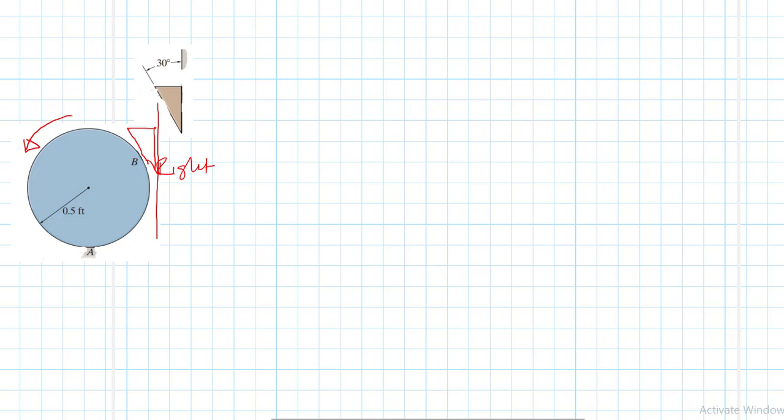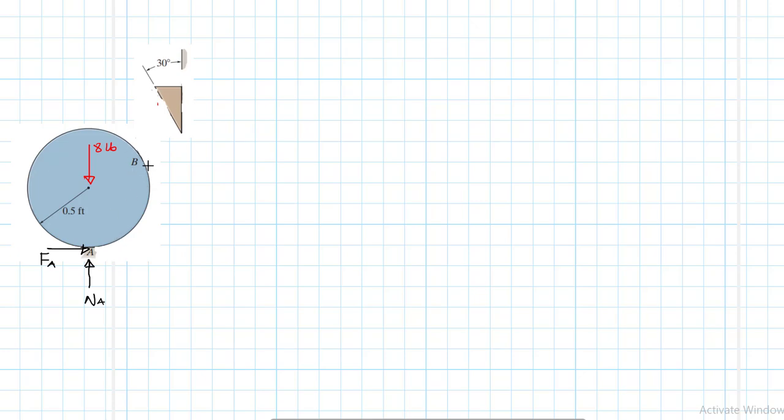To counter that, we need a friction force at point A that we are calling Fa. We also need a normal force, the reaction from the floor, which is Na. What else do we have? We have the weight of the cylinder, which we've been told is 8 pounds.